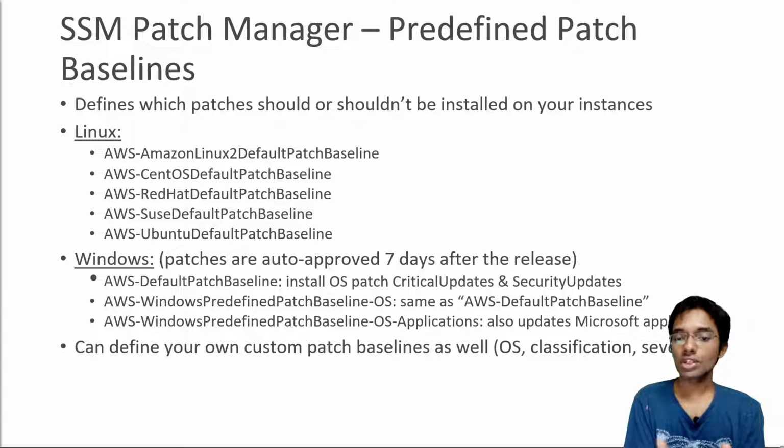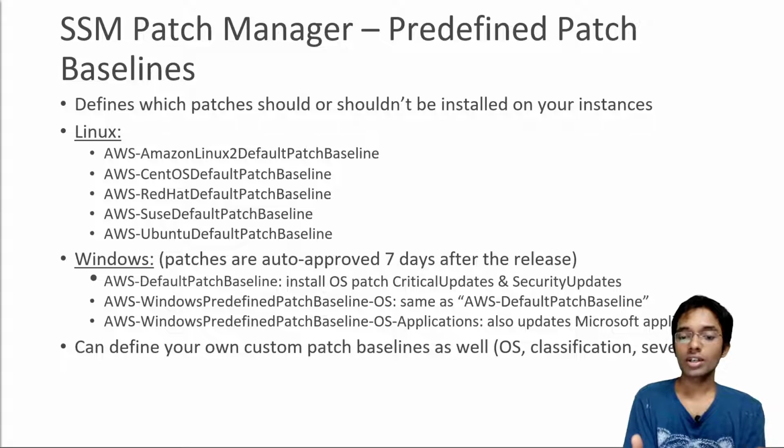So you just need to remember the first one, and then there is another one called AWS Windows Predefined Patch Baseline OS Applications, which on top of installing the critical updates and the security updates, is also going to update any Microsoft application on your instances. So going into the exam, you need to remember 100% the way to apply a patch baseline in Windows. The default one is called the AWS default patch baseline.